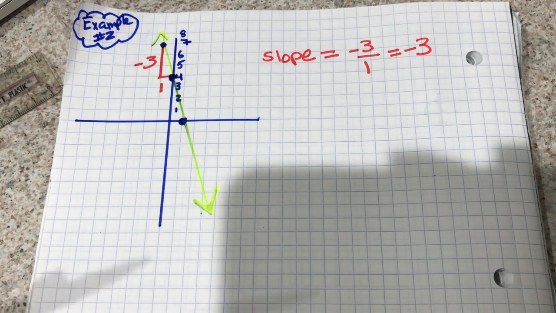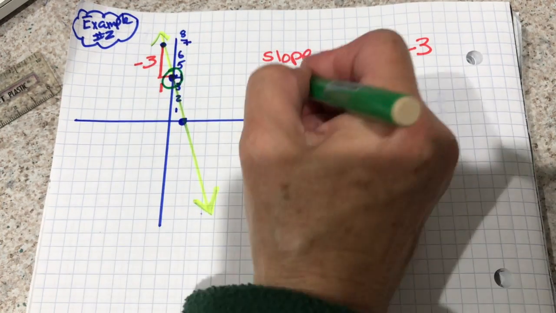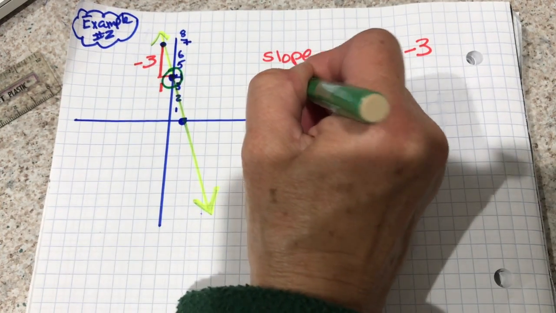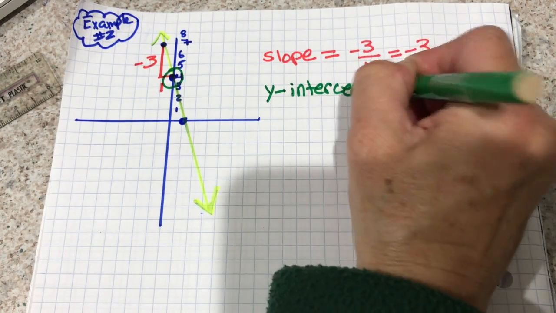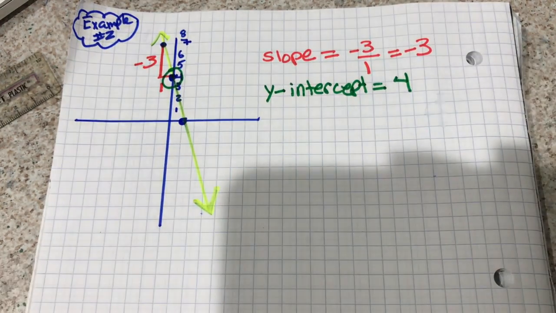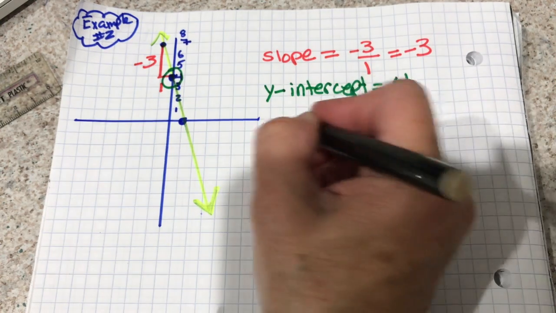The second thing we need to look for is the y-intercept. Where does the line cross the y-axis? And that would be at this point right here. So the y-intercept equals 4. Now we can write our equation for the line. What is it again? Everybody think about it in your head.